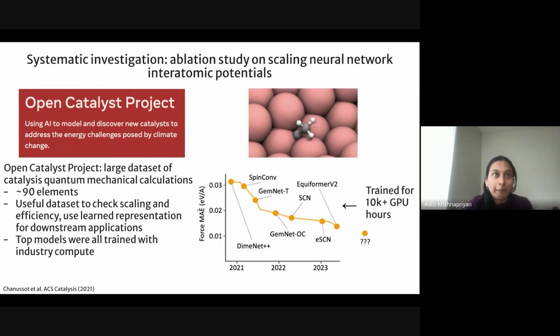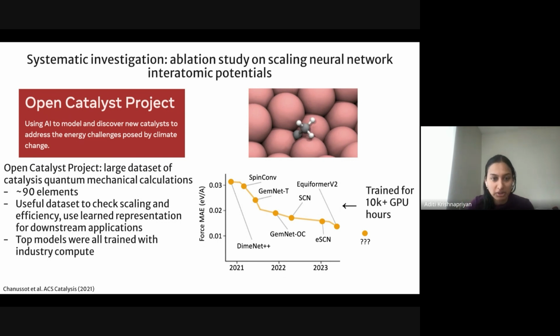On that note, we decided to actually look at this a little more closely and do a more systematic investigation and an ablation study on how to scale these neural network potentials. And for this particular thing, we actually did it with a few more data sets as well. But we picked the Open Catalyst project, this very large data set of catalysis quantum mechanical calculations.